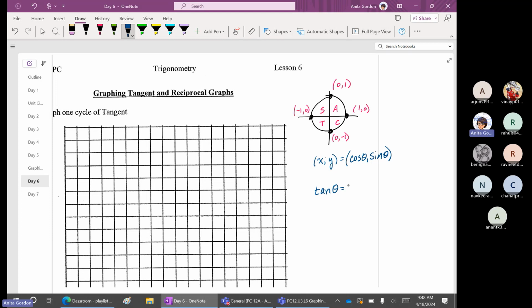If we have a right triangle, it is opposite over adjacent, or the ratios sine and cosine.